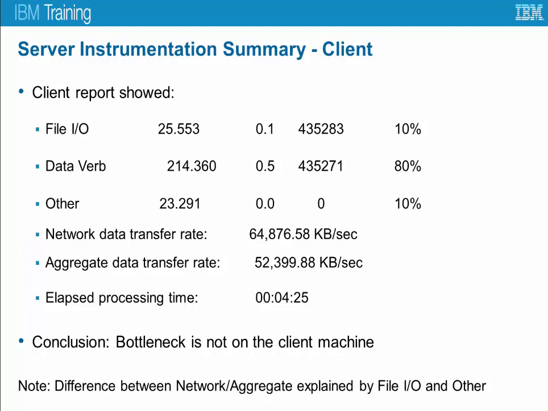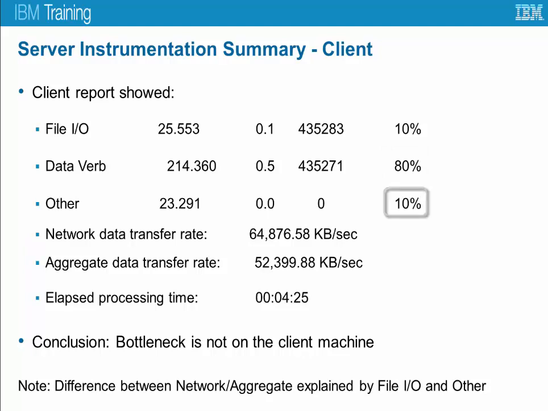Let's summarize what we've found. The client report showed file I/O taking 10% of the backup, and we determined that there was no indication that the disk reads were slow. DataVerb was 80% of the backup, and that tells us that the client was waiting for something outside of the client, network, or the Protect server system.